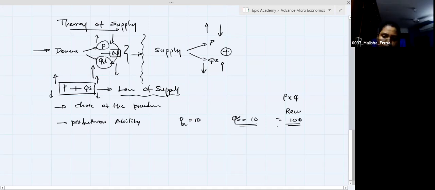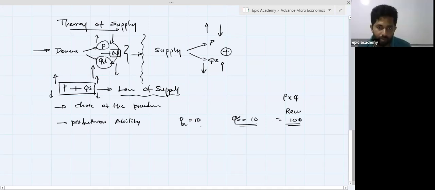You can earn 100 rupees, because the price of the X commodity is 10 and you are going to sell only 10 commodities. Revenue means the earning for the organization. We are not going to call that income. It is revenue. So it is 100.